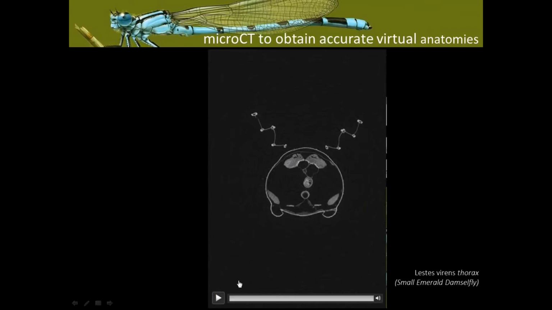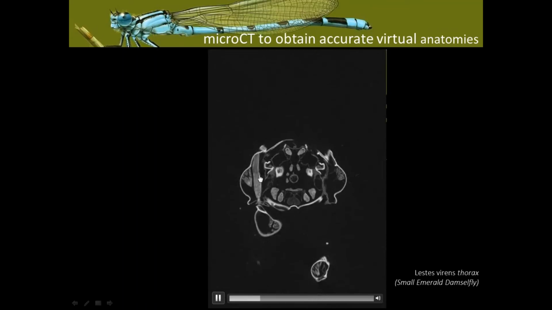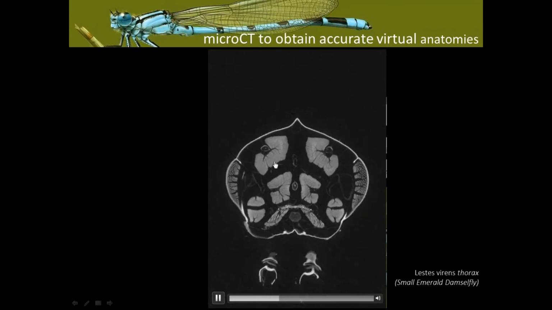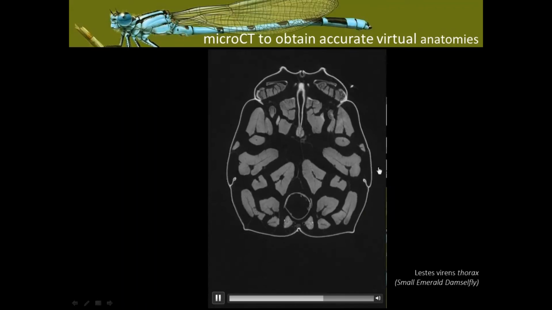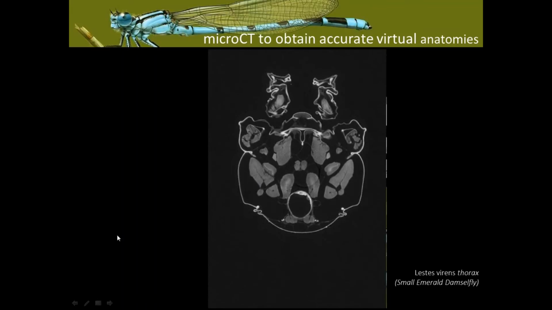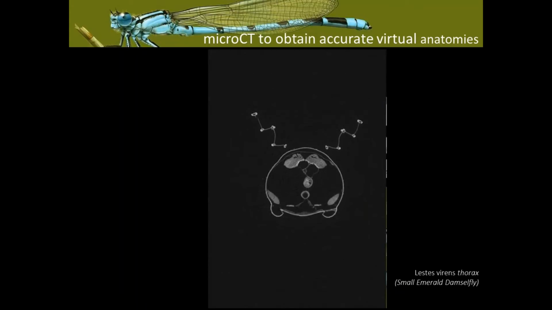And what you can see is that you have a very detailed representation of the inner anatomy with all the muscles you see here. These big muscles are the flight muscles. This is the outer shell of the thorax. And this is just to show you that the micro-CT data is actually very, very detailed.